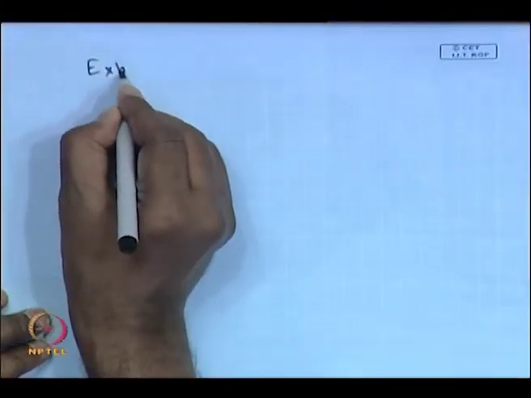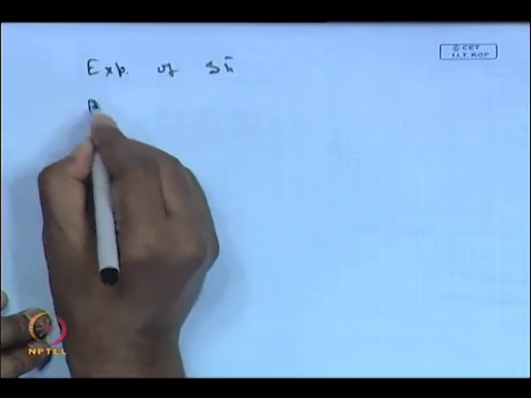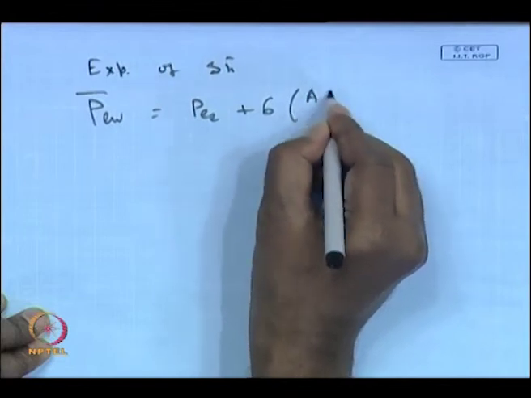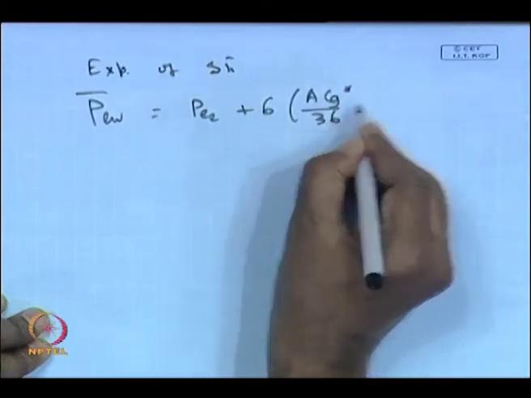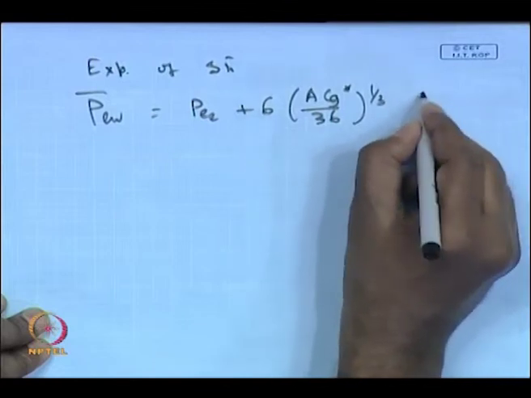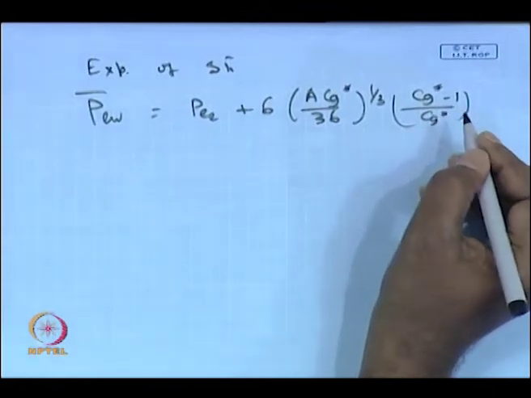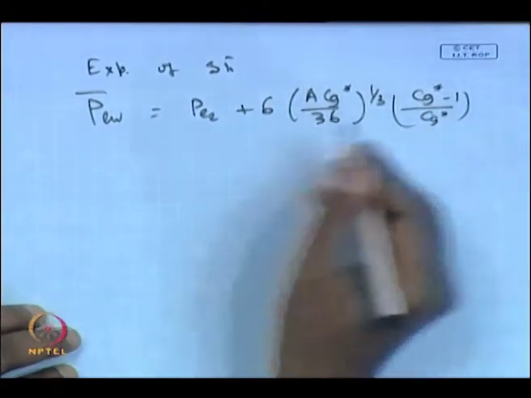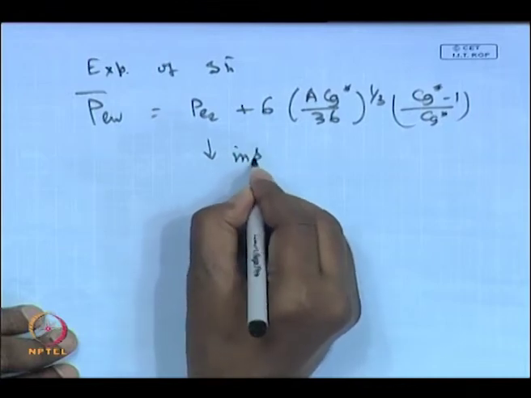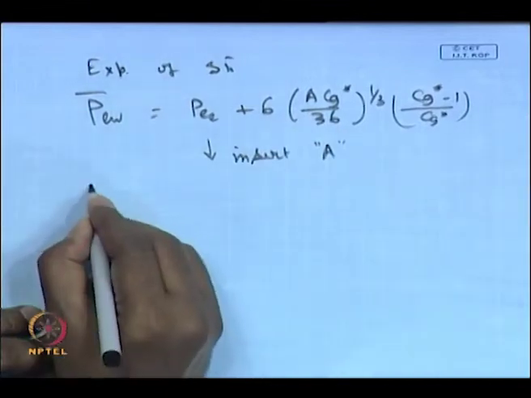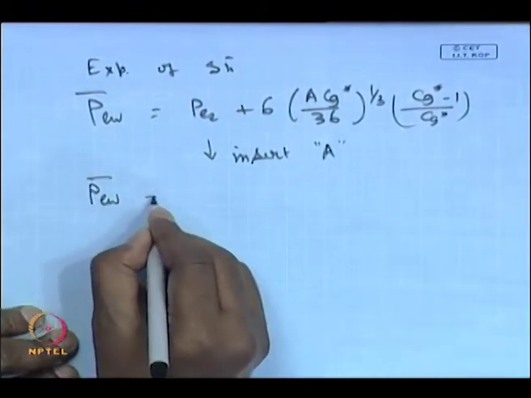So, now we put in the expression of the Sherwood number. This length average permeate flux becomes PEE plus 6 A Cg star divided by 36 raised to the power 1 upon 3, times (Cg star minus 1) divided by Cg star. Now we insert the expression of A. I just omitted a single step.